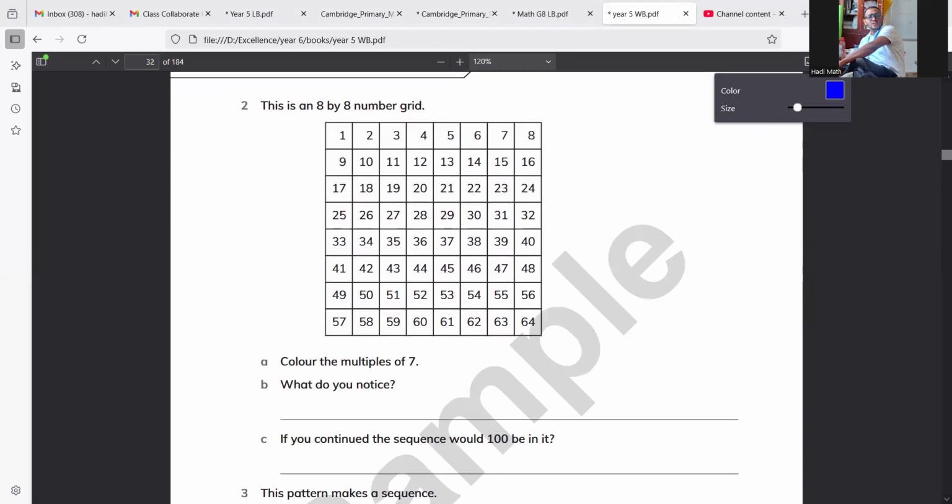They say this is an 8 by 8 number grid. Color the multiples of 7. Okay, so we need to color. Let's just draw a circle, a square around each multiple of 7.